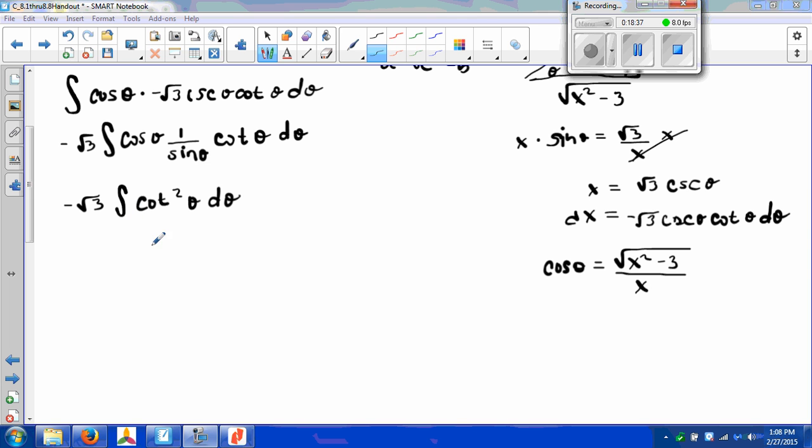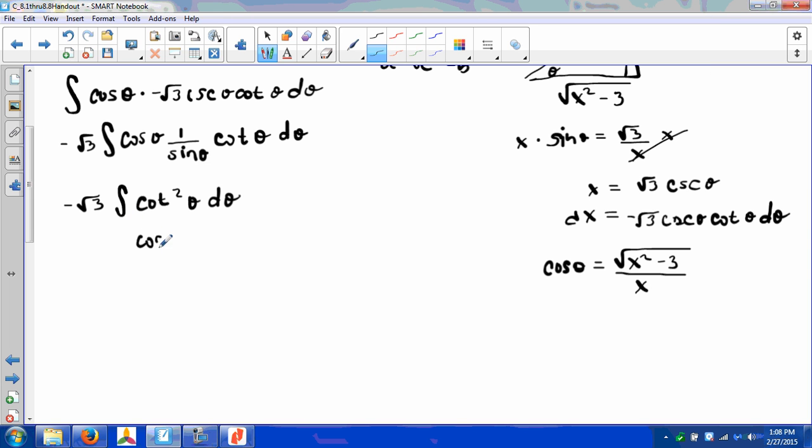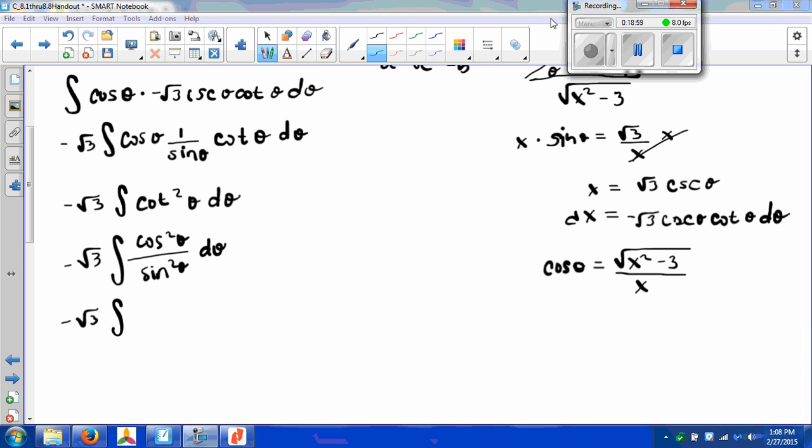So let's change this into cosine squared over sine squared. And let's see, so I'm going to change the cosines into sines and see what happens with that.